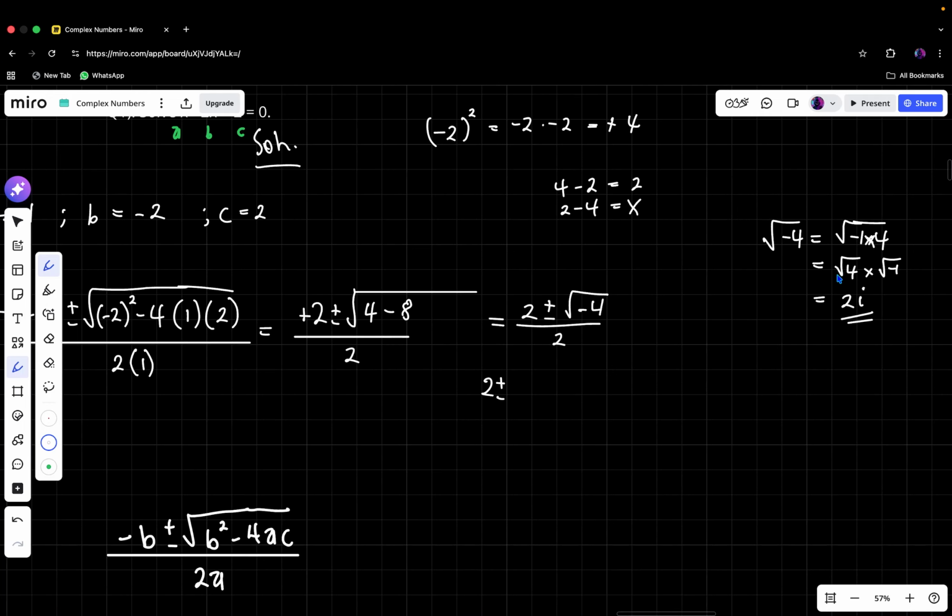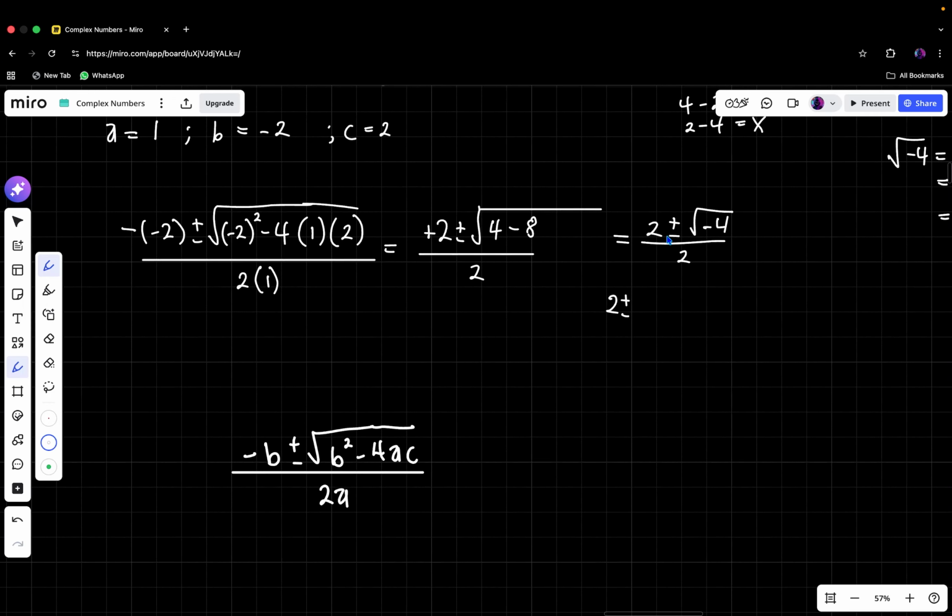More examples on this later. So that is 2i. So here will be 2i all over 2. So what else do you do here? 2 plus or minus 2i over 2. You can simply factorize this. Bring out 2 as a common factor, so 2 into 2 is 1, and 2 into 2i is still i.